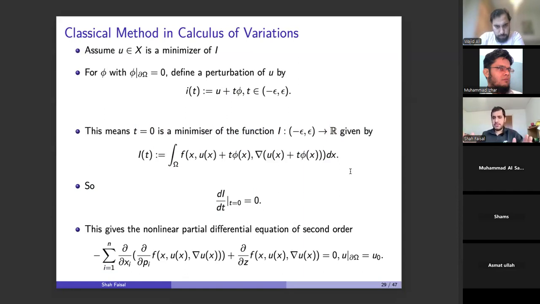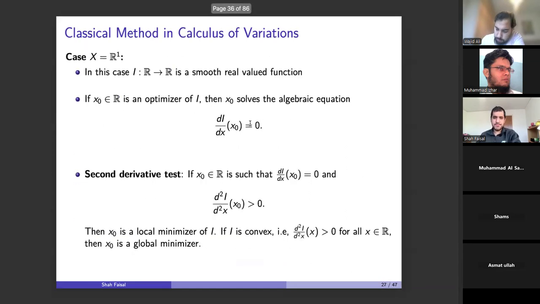If a function u minimizes the functional I, then that minimizer should satisfy this partial differential equation. And that's exactly the stationary values of the functional I computed. And conversely, if the functional is convex, then any solution of this will be a minimizer. That's exactly what you learned.